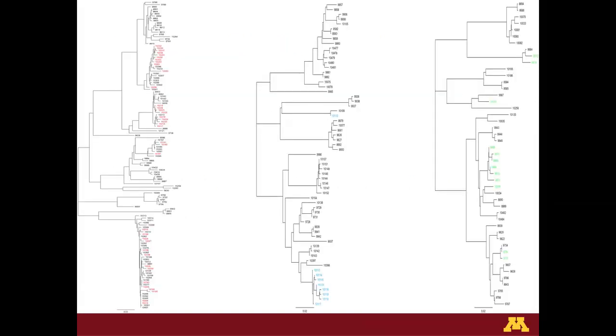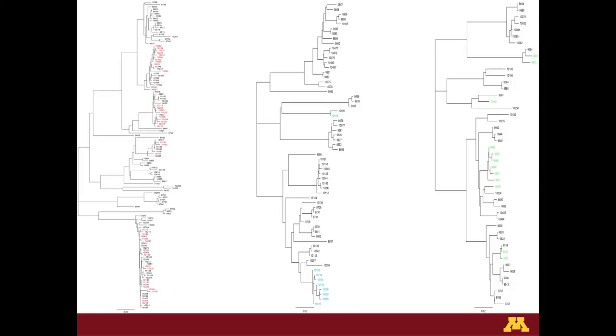And what we see here, so these are the phylogenetic trees for cluster 1, cluster 2, and cluster 3. And what we would expect if we had some area factors explaining this transmission is that we would expect to see something like this, in which the case sequences are the colored ones and the control sequences are the black ones.